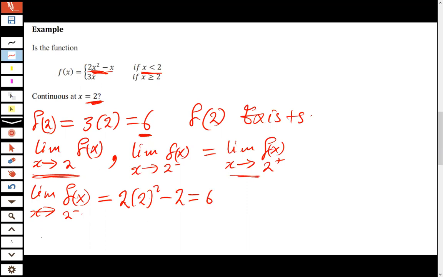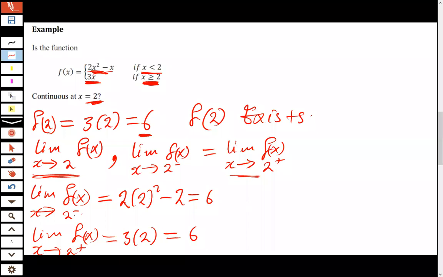Let us now find the limit of f of x as x approaches the right side of 2. The right side of 2 means numbers that are greater than 2, so we're using this function, 3x. Where there's x, I'm going to replace it with 2, and this will give me 6.